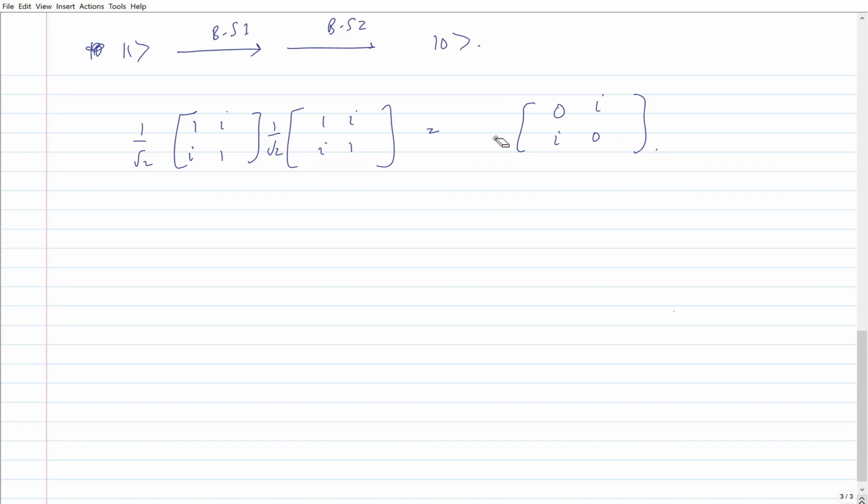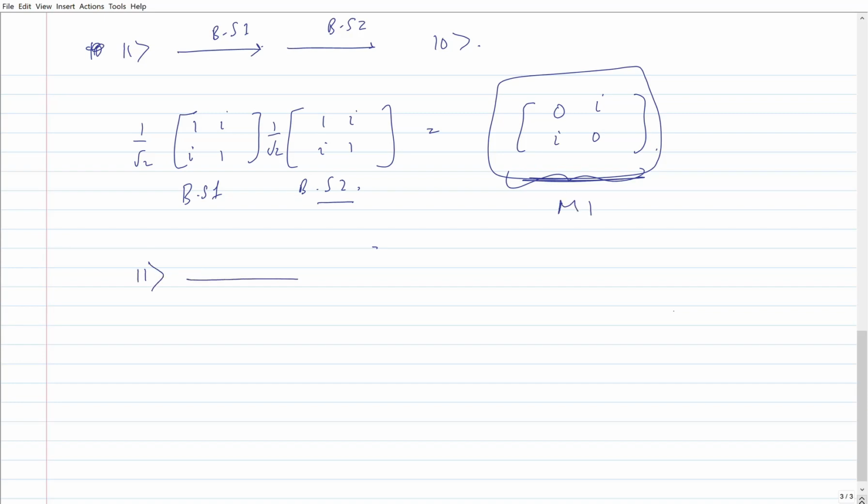So this is the action of beam splitter 1 and beam splitter 2, this matrix. Essentially, we could just replace beam splitter 1 and beam splitter 2 by this matrix. I'm calling it M1. So this is a ket 1 going through M1, which is the joint action, just a matrix multiplication. And what do I get? Well, this is 0 iota, iota 0 applied on ket 1.